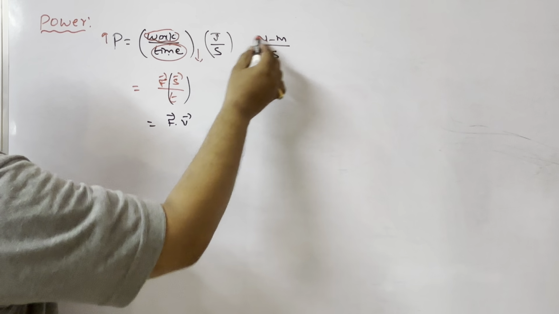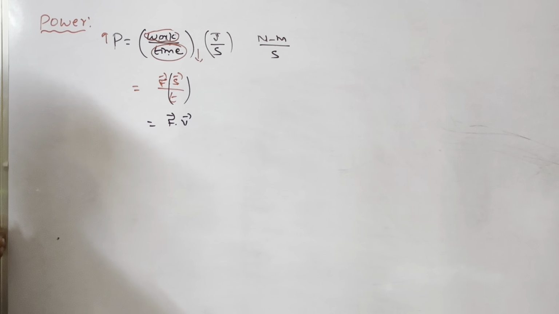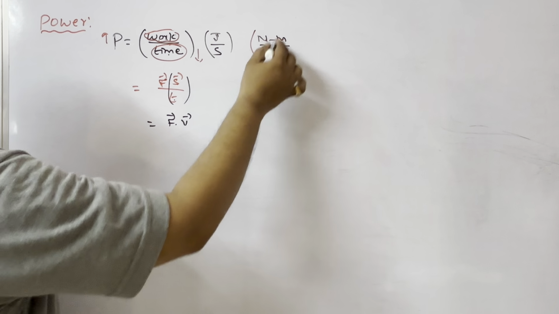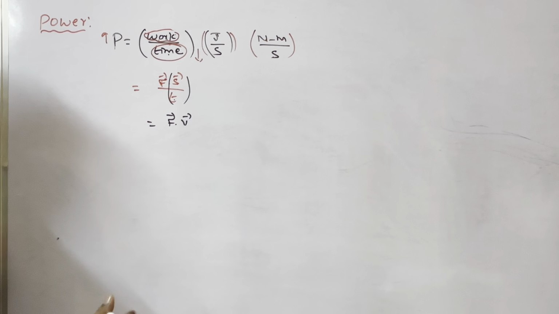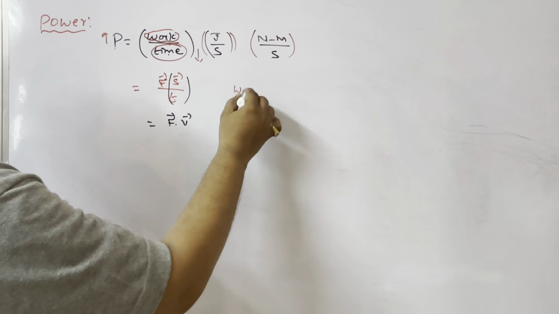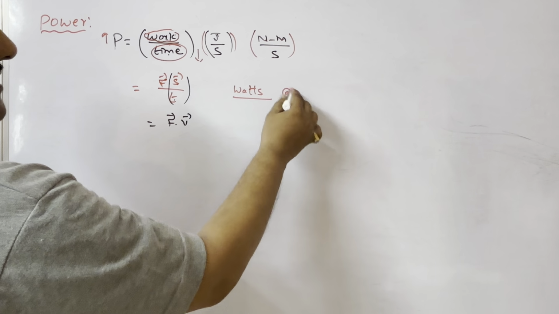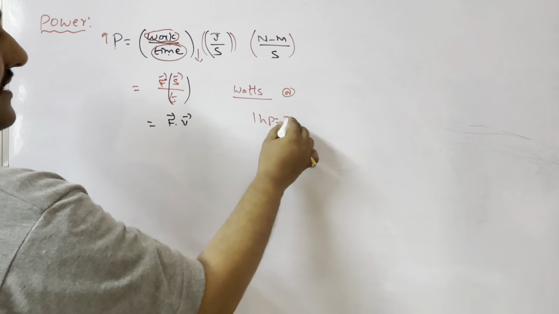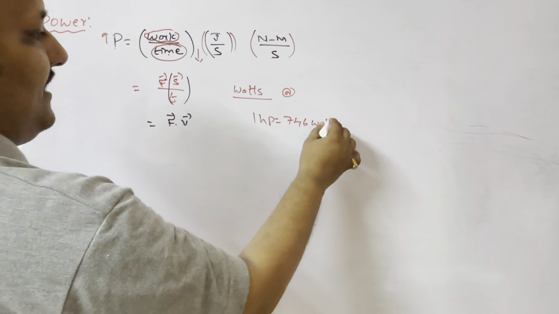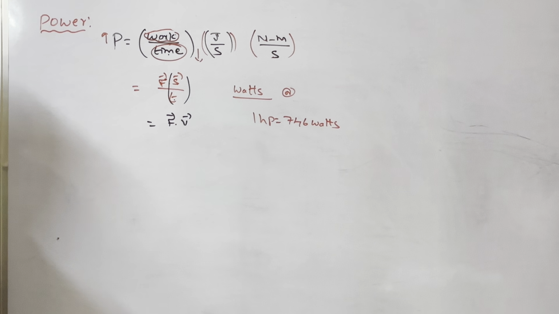Force units Newton, displacement units meter, time units seconds. We won't always write this. Our lazy unit is nothing but watts, or they will represent it in horsepower. 1 horsepower is equal to 746 watts.